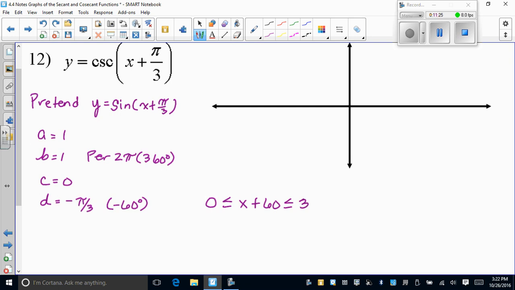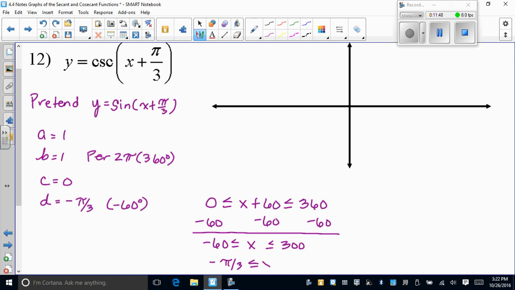Subtract 60, subtract 60, subtract 60, and we get negative 60 is less than or equal to x, which is less than or equal to 300. Or negative pi over 3 is less than or equal to x, which is less than or equal to 5 pi over 3. There's our length that we're graphing.